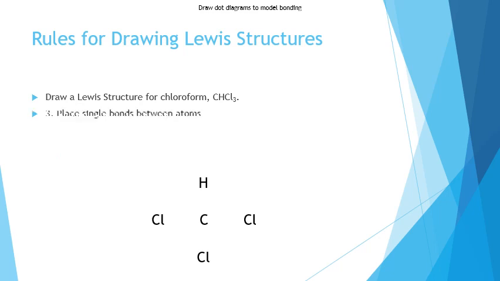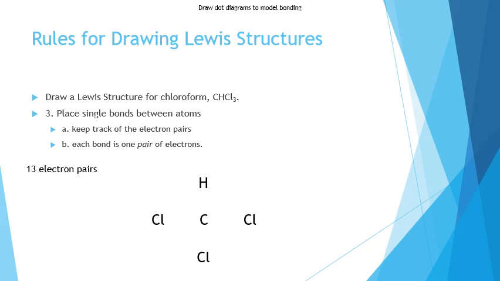All right, the next step. We now want to place single bonds between the atoms. And as we do this, we want to keep track of the electron pairs that we have for our molecule. And remember, each bond is 1 pair of electrons. Each bond is 2 electrons, so every bond is a pair of electrons. So if I put in single bonds here, I'm going to bond each atom to the central atom, like so.